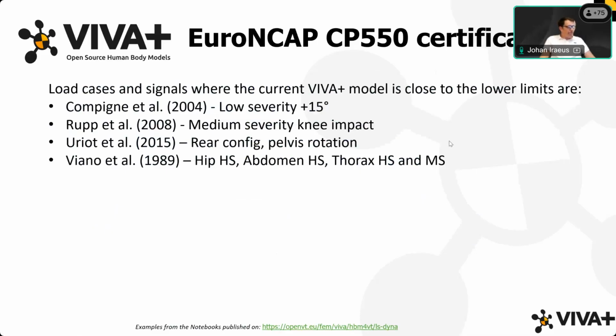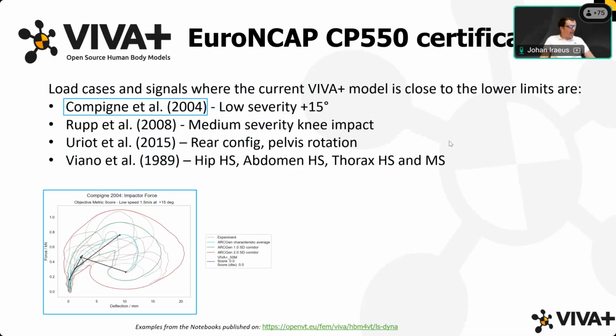For the first two, here we see an example of the Compigne, where the simulation response shows very small deformation, whereas the average of the test curve has higher load and higher deflection. This we kind of expect, because right now we have a robotic joint in the shoulder, and this makes the model way too stiff.